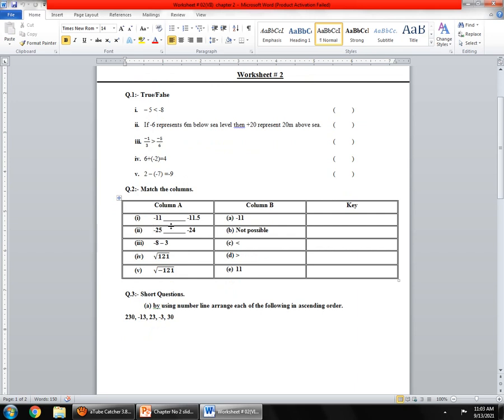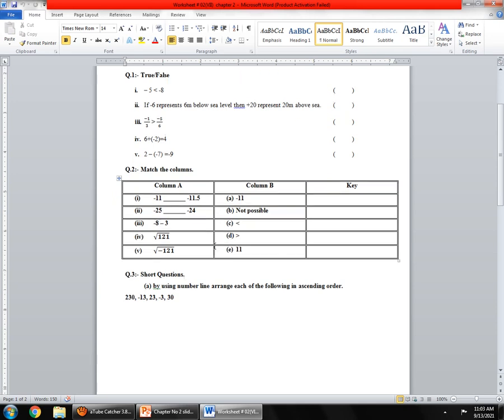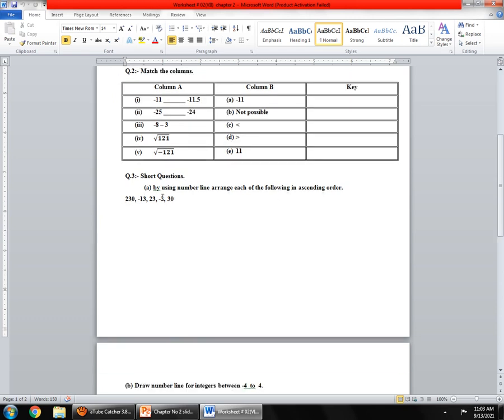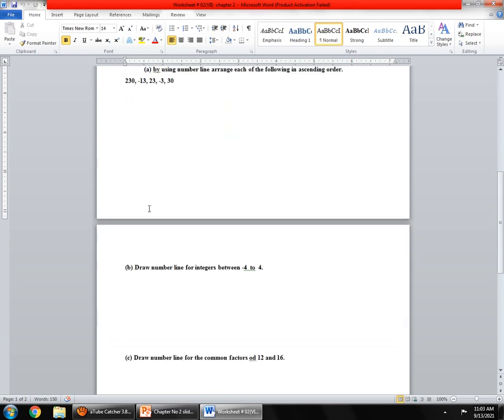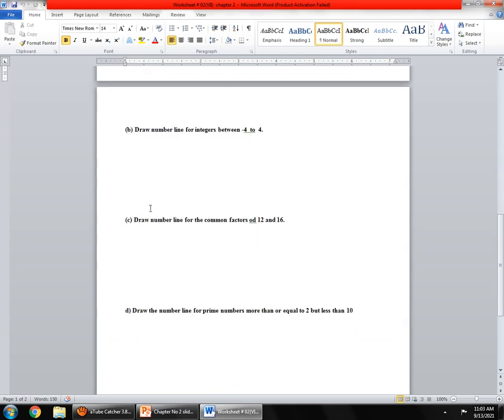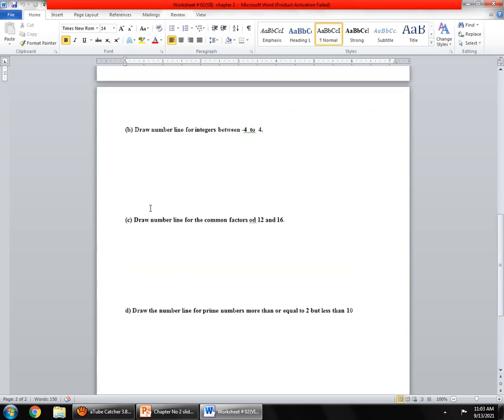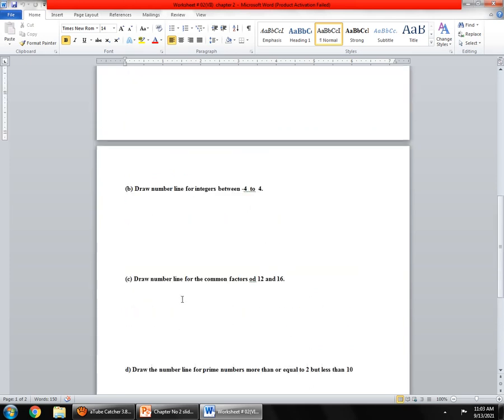And then there are columns, so you have to write the correct key here. I have solved these questions in the lecture, so you need to understand from there and then you can do your worksheet. I did all of these questions in your lecture, so just watch your lectures carefully and solve your worksheet. So this is it for today.